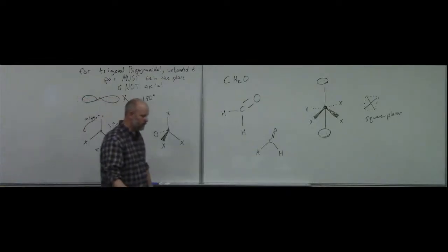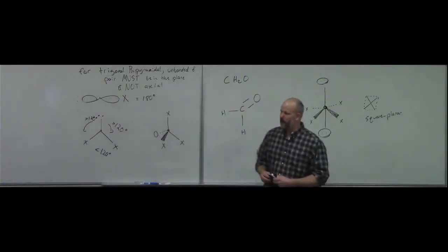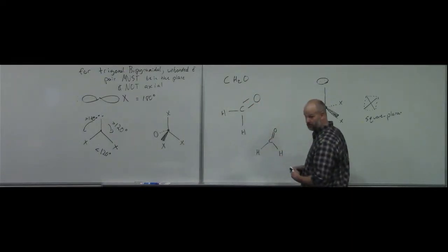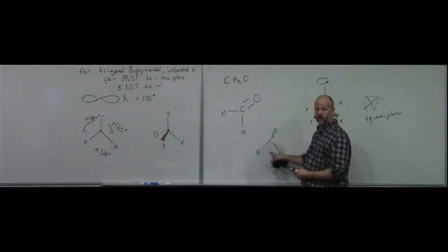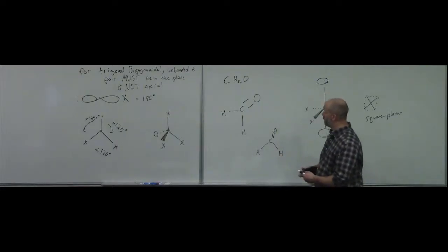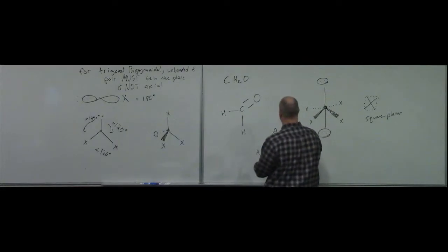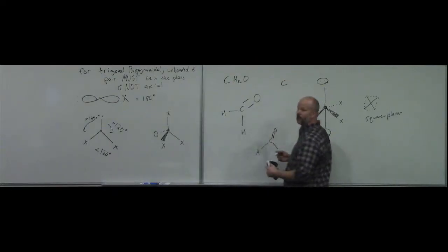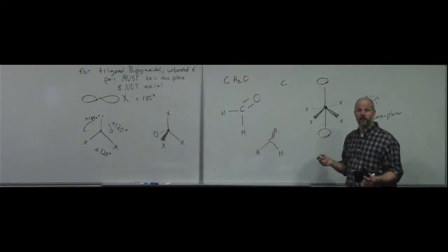Let's do one more of these. You'll get this, right? No, I don't. You didn't get this? No. Okay. Let's start here. Start with carbon, right? So how many valence electrons? 4.